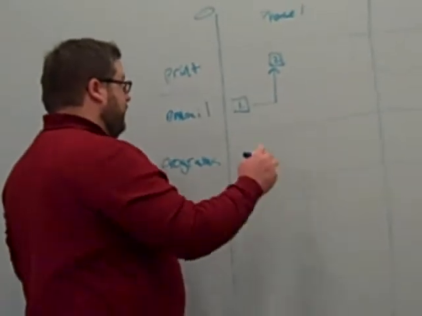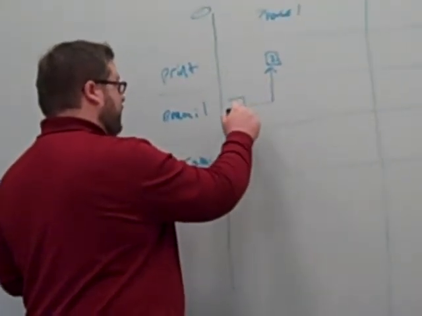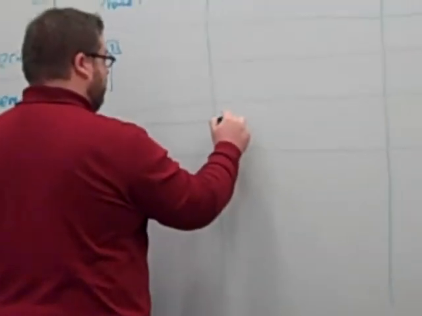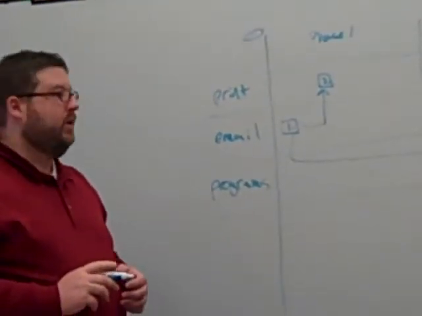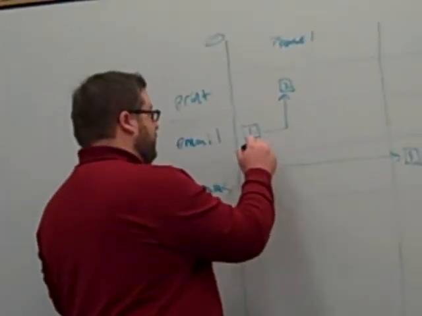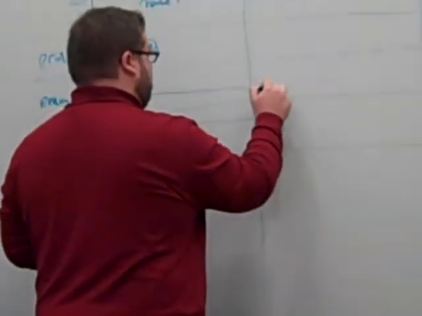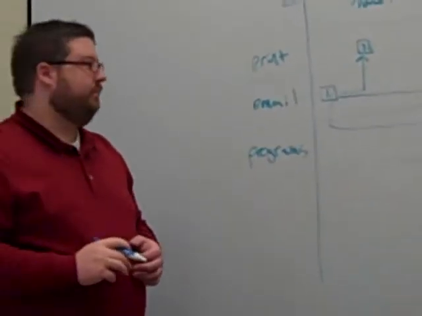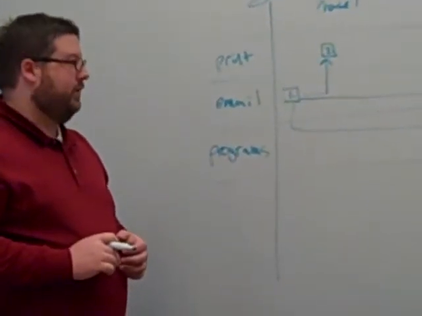So maybe there are folks who respond to the email, and they respond to the email by coming to a particular program. And maybe there are those who don't respond to the email, and so you send them a follow-up. And then maybe those people follow up and show up to the program.